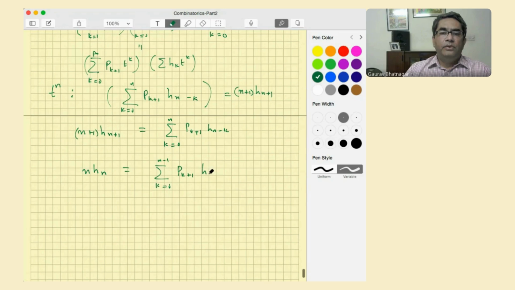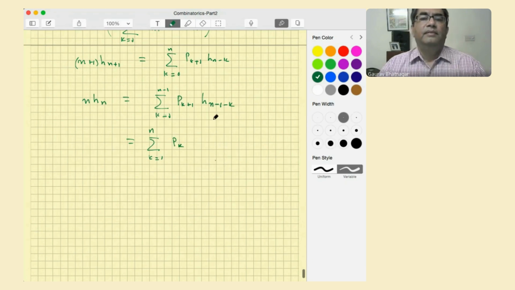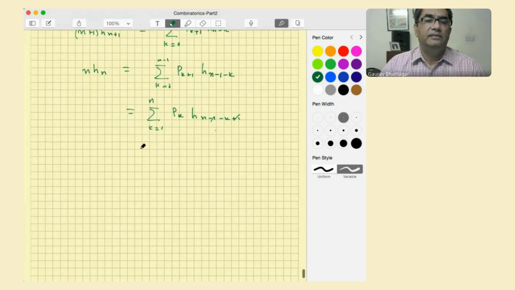So h of n minus 1 minus k, and now you shift the index of k to 1 to n. So this is p_k, h of n minus 1 minus k plus 1. So this gets cancelled. Okay, I think I've got the right answer.